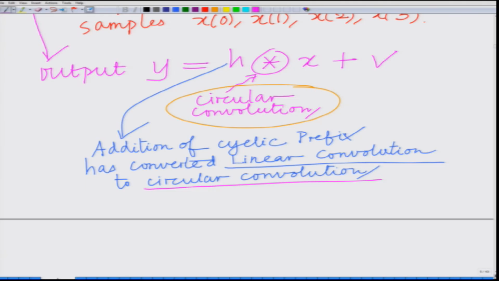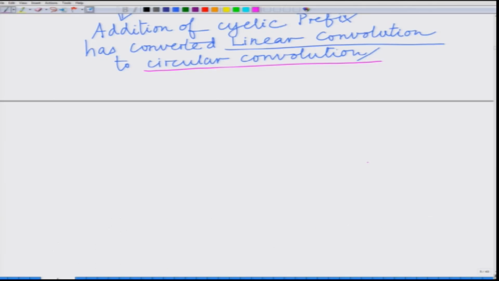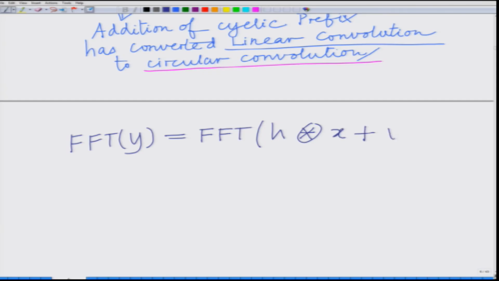Now we know from the properties of the circular convolution that in the FFT domain, it is simply the product of the FFTs of h and x. So, because we have a circular convolution, if we take the FFT of y, that is equal to the FFT of h circularly convolved with x plus v, which is the noise.